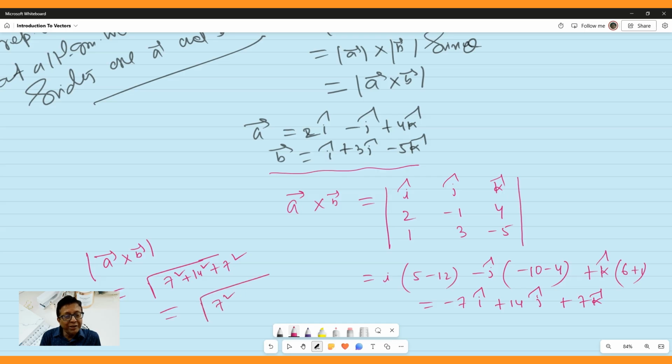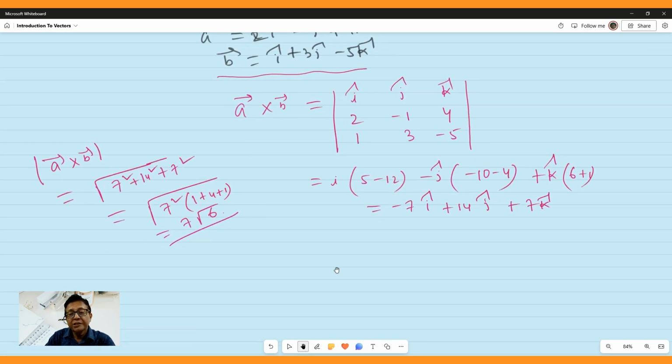So 7 square is common. 1 plus 4 plus 1, that is 6. Mod A cross B result is 7 root 6. So the required answer for this question is 7 root 6.